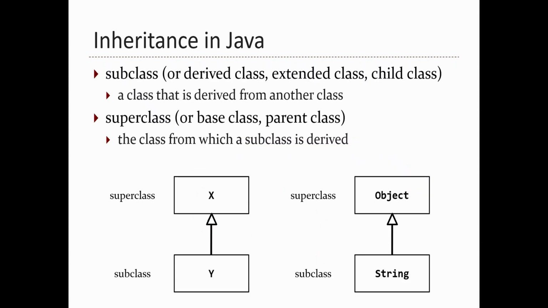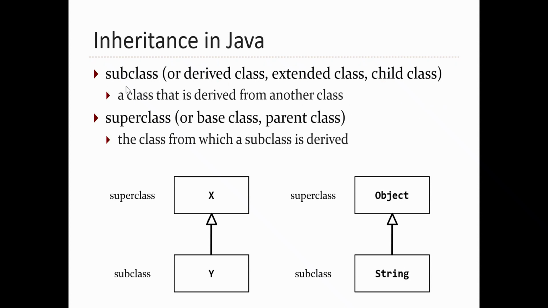We need to learn a little bit about the jargon that's used to talk about inheritance. Inheritance isn't a Java concept; it's an object-oriented programming concept. So we have something called a subclass or a derived class. In Java, you often see extended class, and you'll often see child class.